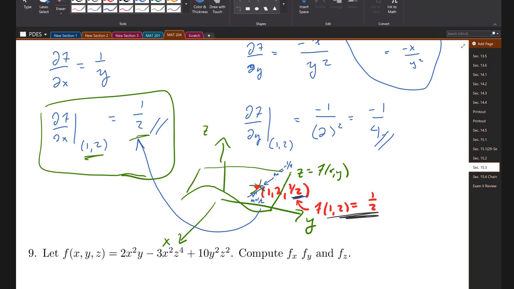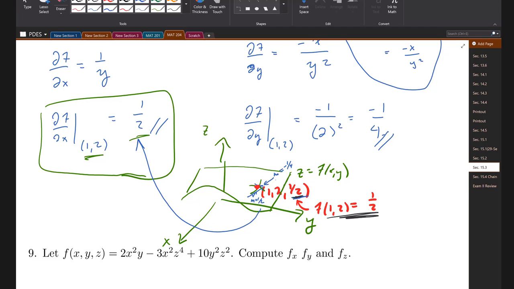Can you find the rate of change in the negative y direction? Yes, but the partial derivative function doesn't do that for us. Now, careful here. We could immediately say, if you're stepping in the negative y direction, you would expect to be rising at a rate of 1/4.